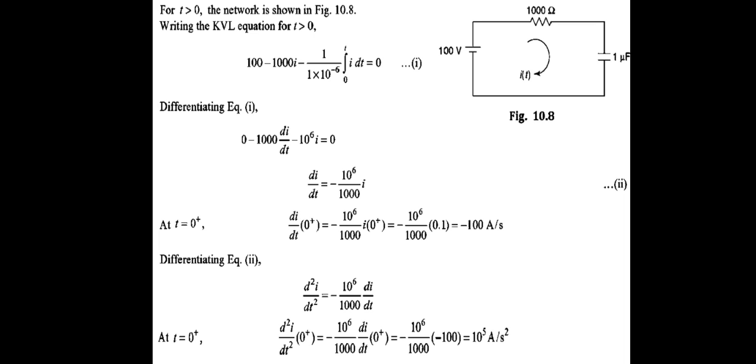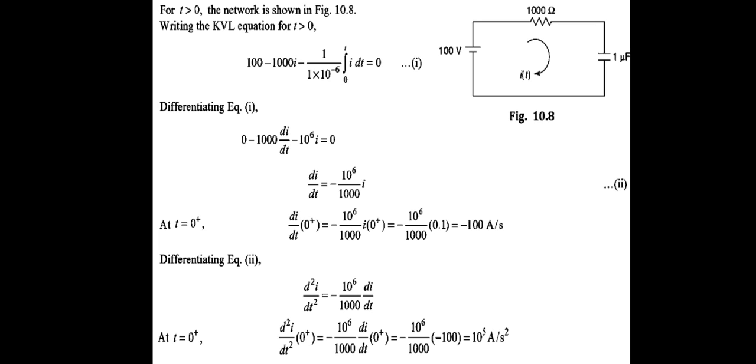Now we apply the same conditions here. For t greater than 0, the network is shown in figure 10.8. Writing Kirchhoff's voltage law for t greater than 0, we get 100 volts equal to 1000 into I of t, equation 1, minus 1 by the 1 microfarad, so 1 by 1 into 10 power minus 6, into the integral of I dt from 0 to t, which is equal to 0.